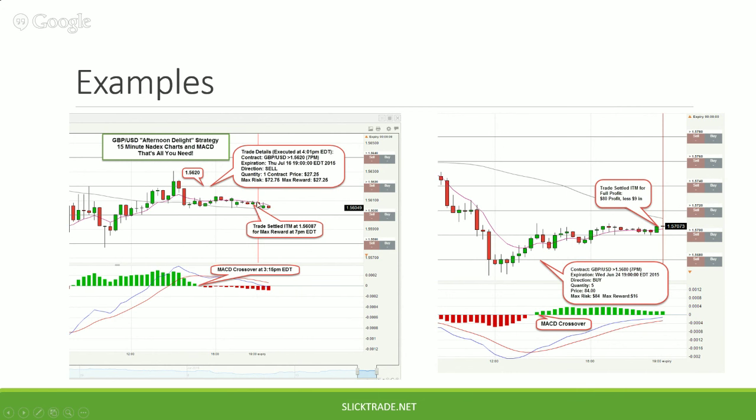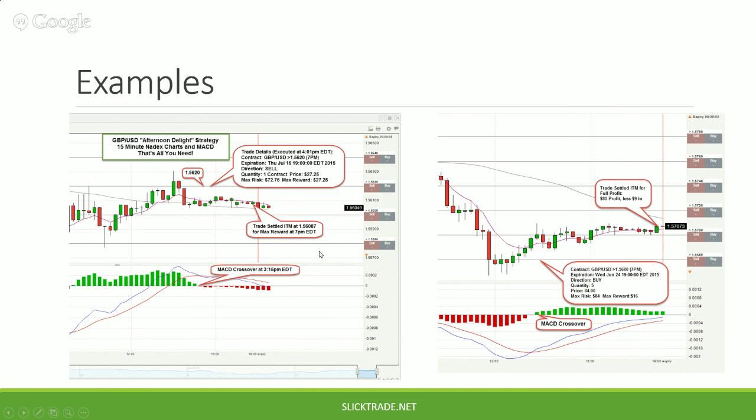Now, you notice here, this is where the trade ended, and it settled in the money, okay? The risk was 72.75, and the reward was 27.25. What I have found from this strategy is setting a working order for an 80-20 or 70-30 risk to reward is the best.